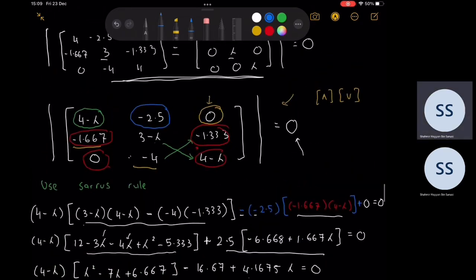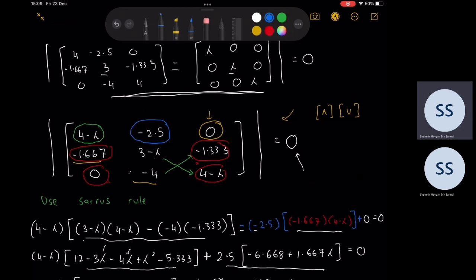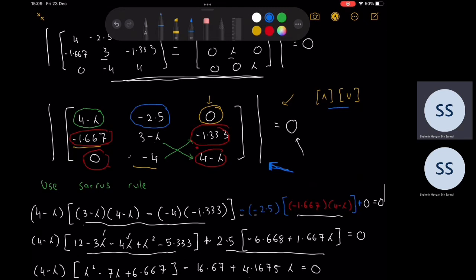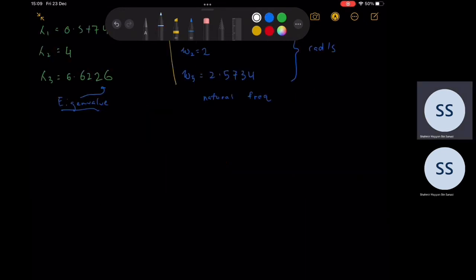If you remember, from 2 degree of freedom, we need to call back this matrix, the A matrix, multiply with matrix V. So I write back the matrix again. 4 minus lambda, this is our matrix A, negative 2.5, 0, negative 1.667, 3 minus lambda, negative 1.333, 0, negative 4, 4 minus lambda.